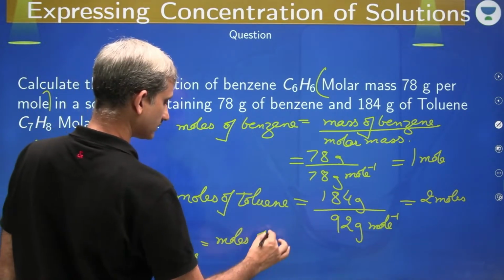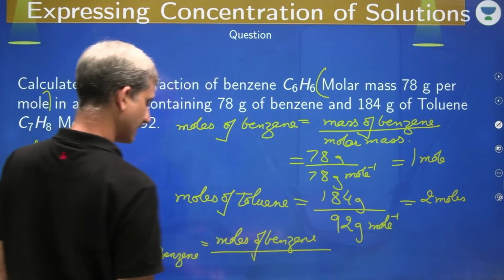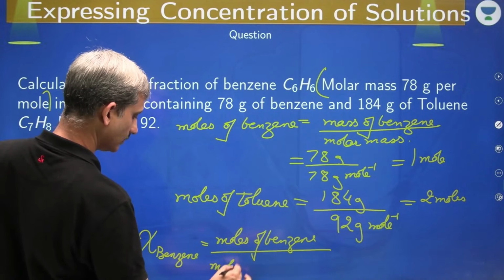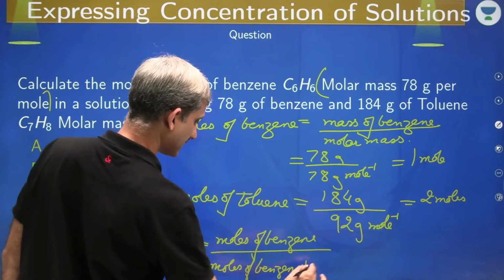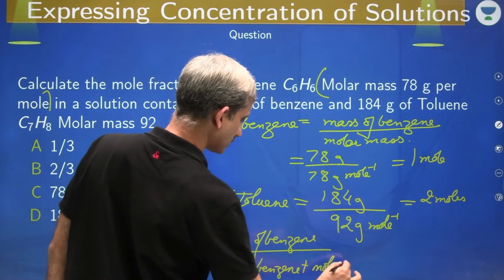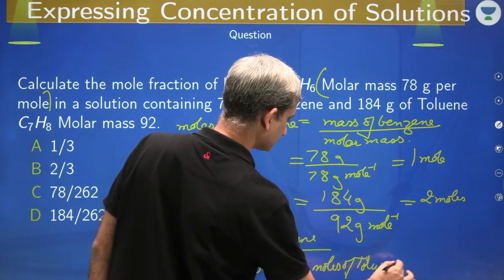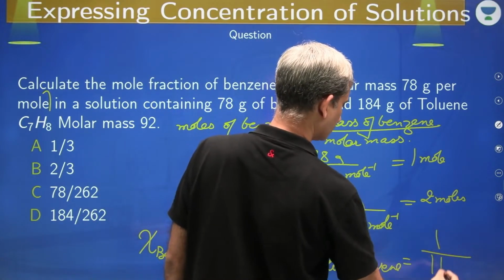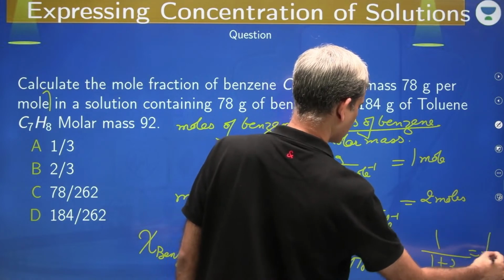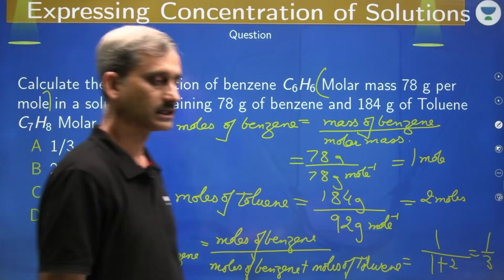Moles of benzene divided by moles of benzene plus moles of toluene, that's equal to 1 divided by 1 plus 2 is equal to 1 by 3. Is this clear?